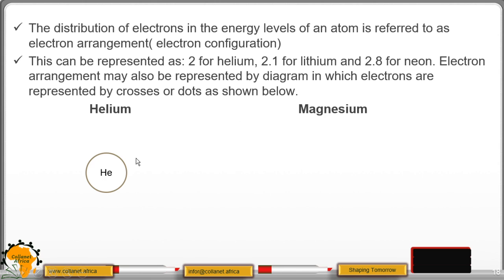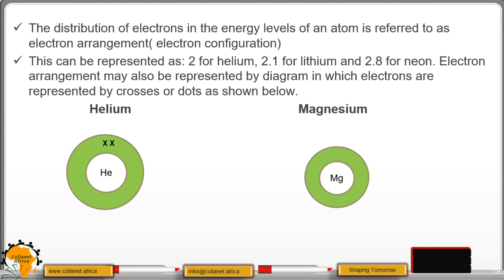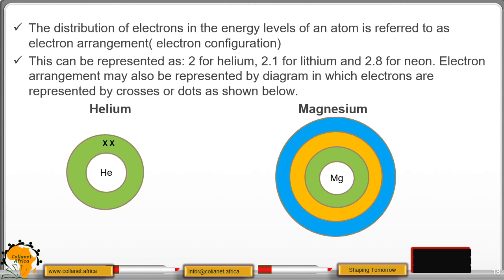We have the center, which is the nucleus, then we have the first energy level, then we have the 2 electrons in the first energy level. When you come to magnesium, this is the nucleus, then you have the first energy level, the second energy level, and then the third energy level.